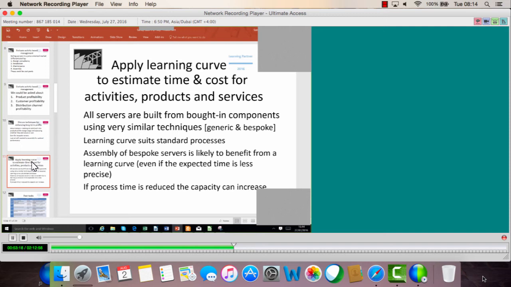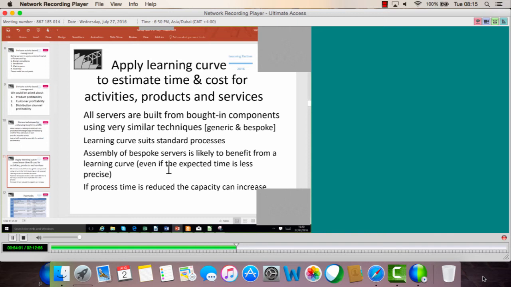If you're not familiar with the learning curve, it's about that familiarity with processes that enables you to do things more quickly. With computerized machines or even mechanical machines, once you start them running on a process, the machine itself doesn't become more proficient because it's already set up, so it has a predetermined level of proficiency. The learning curve wouldn't apply to the machines, only to the people who are used to make them. So the learning curve suits standard processes.